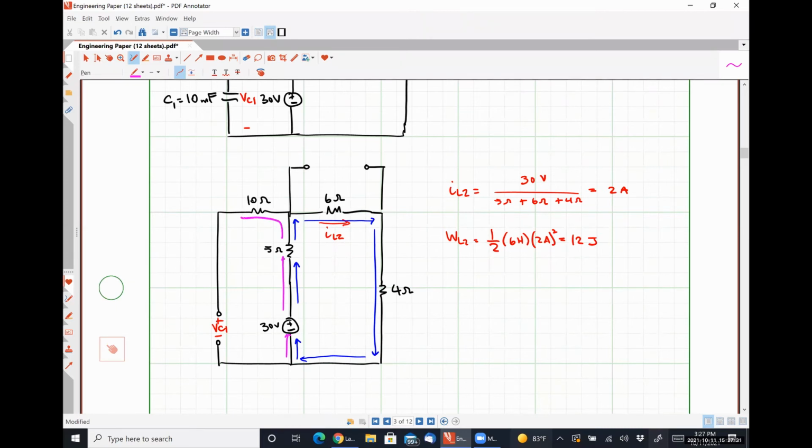Let's start down here and follow it around. We'll have negative 30 volts plus 5 ohms times, well, what's the current flowing through that 5 ohm resistor? 2 amps, we just found it, right?